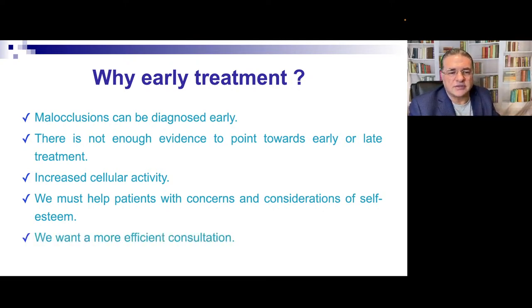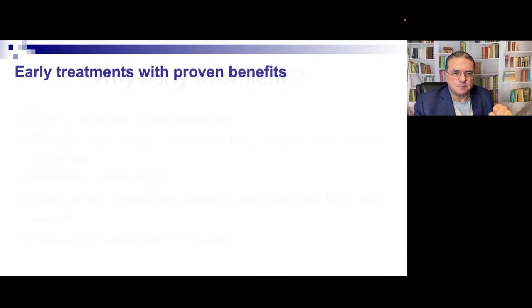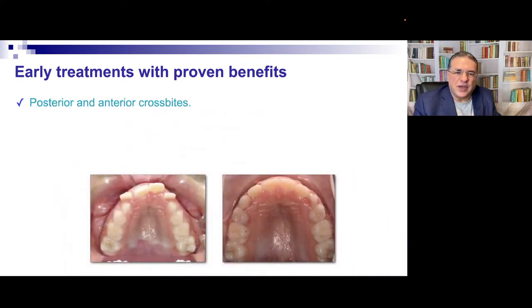Plus, we want to have a more efficient practice in our offices. Early treatments with proven benefits. We can easily correct posterior dental and anterior crossbites. This is the same patient.